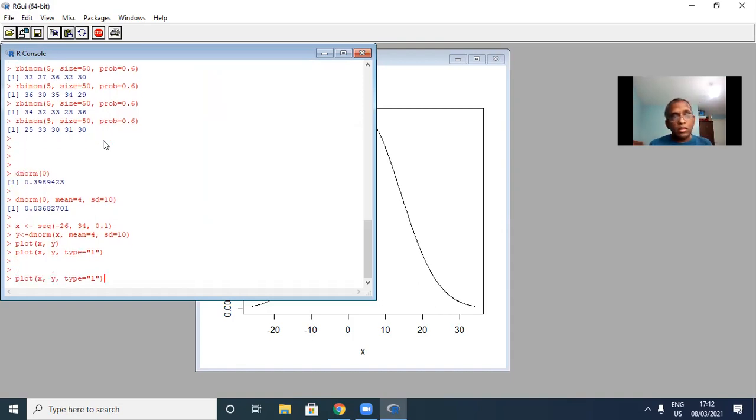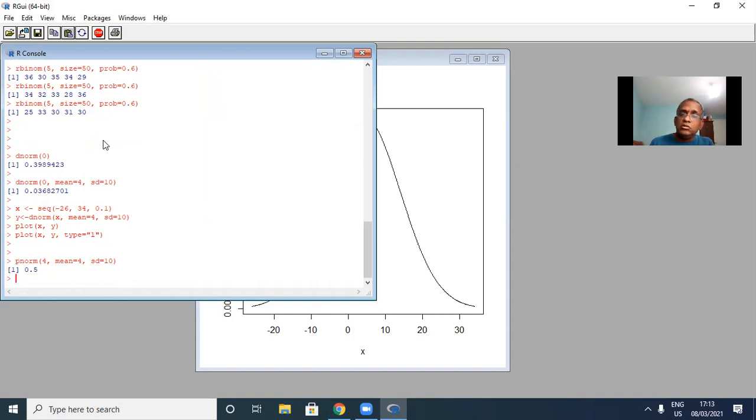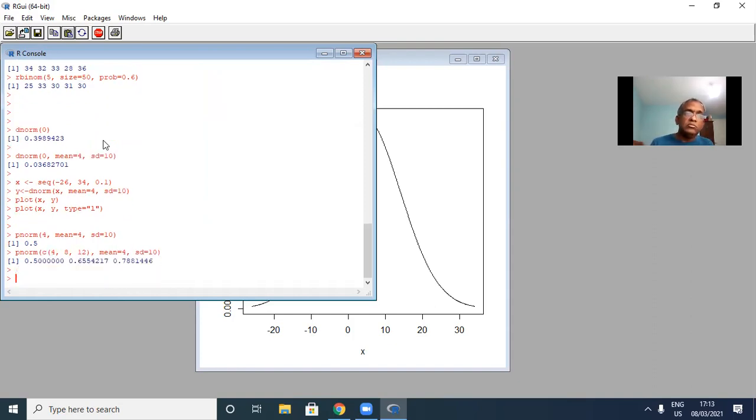Now, if you want to compute the probabilities associated with the normal distribution, suppose you want to find the probability that x is less than or equal to 4. This is what you will get. Or suppose you want to find the probability that x is less than or equal to 4, 8, and 12, and this is what you get.